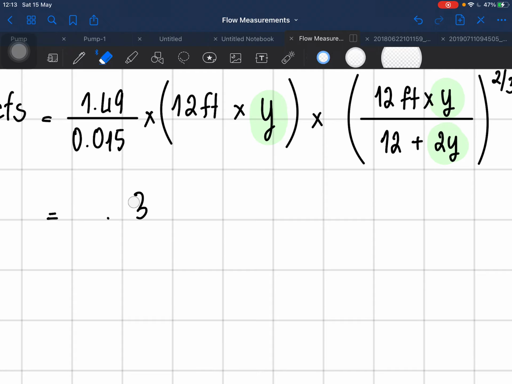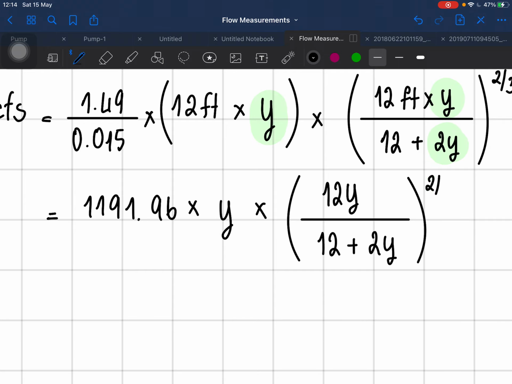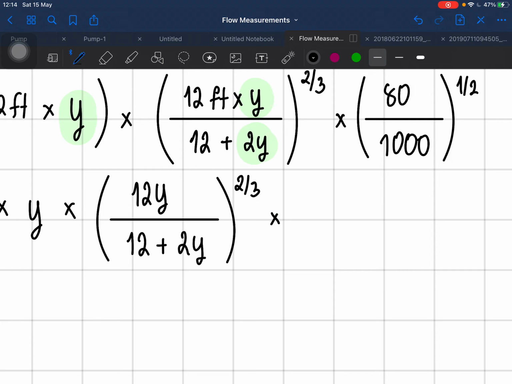This would be 1.96 times y times 12y. Oh, I think this is overall 12y, 12 plus 2y, and this is 2/3 times the square root of, I think I already did that, 0.0125.